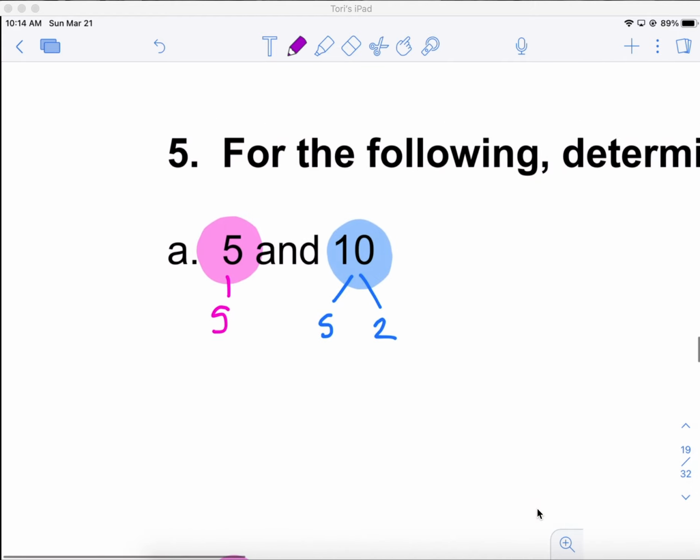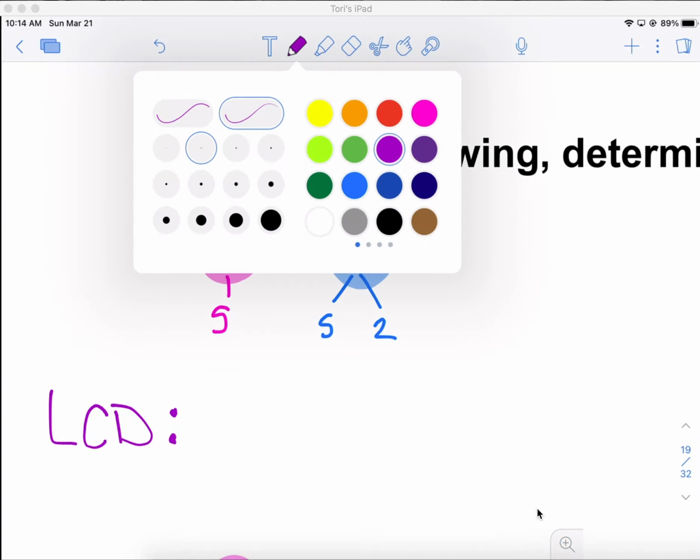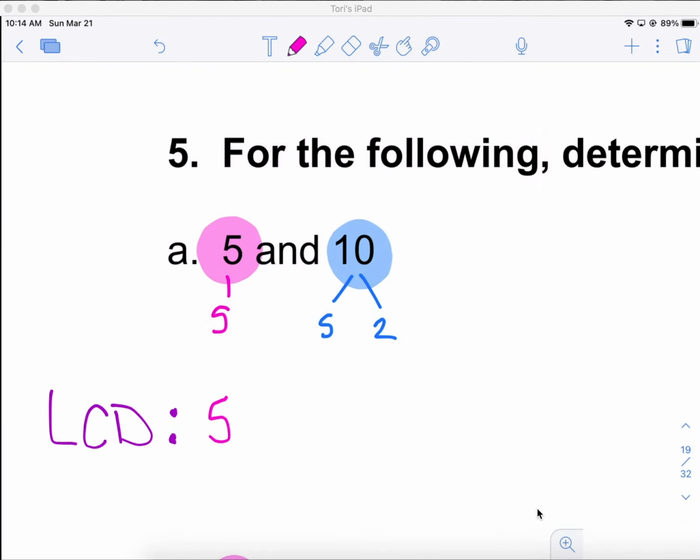When it comes time to find a least common multiple for the numbers 5 and 10, here's what you have to think about. How would I find the number 5? The only factors of 5 are 1 and 5. We're never going to use 1. So to make a least common denominator, I must include this 5. Anything already created in the first one, in the pink one, I don't have to repeat.